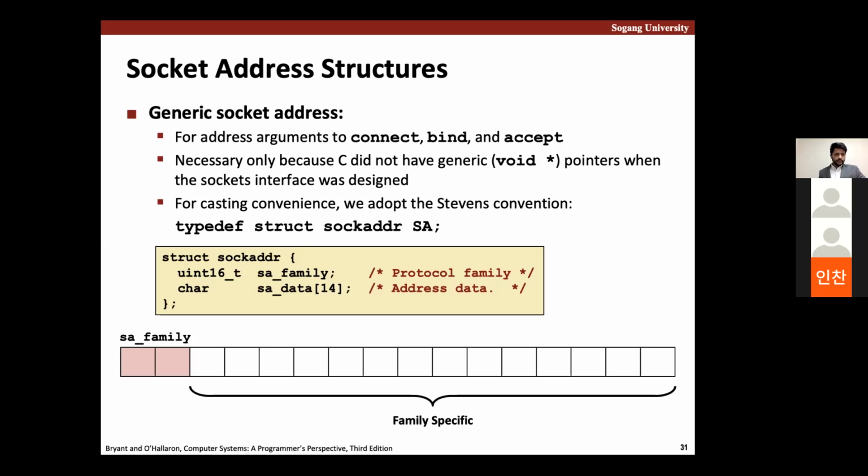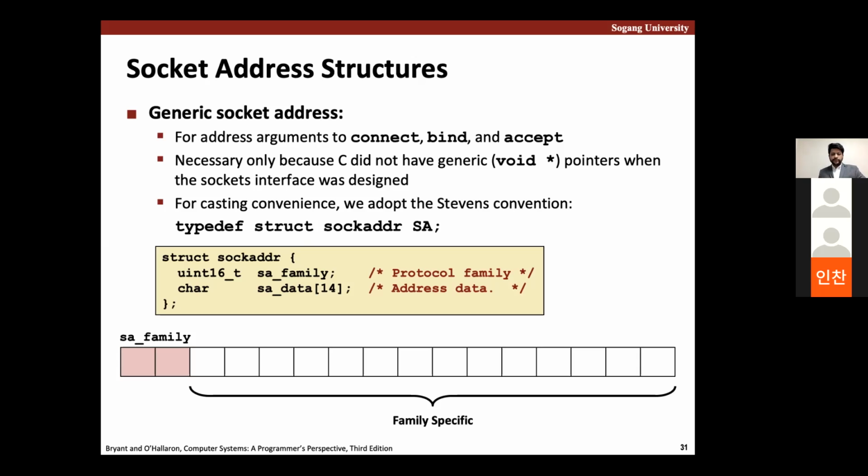The generic socket address: the connect, bind, and accept functions require a pointer to a protocol-specific socket address structure. So for the file descriptors of the server and the client to work, you have to call the connect function, and the bind and accept functions on the server side.